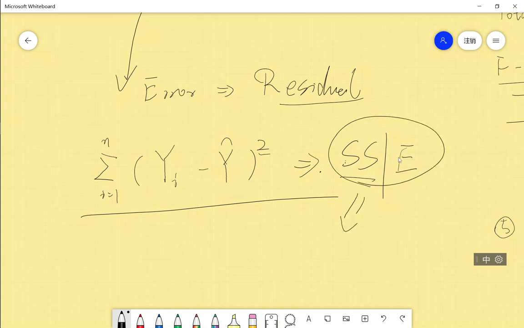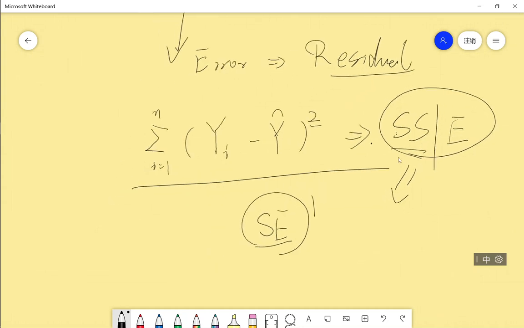And you want to do this SE, which means the standard error, right? So you just want to standardize that. So SE, how to do that? You use the SSE, the sum of squares, you divide by n minus 2, you square root that, and you get the standard error of the estimate, right?